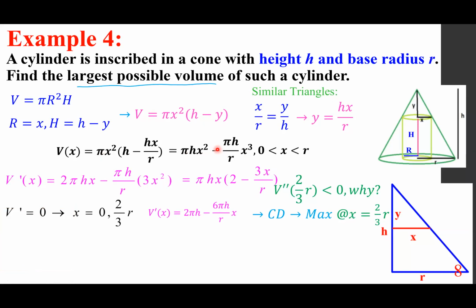So pi h x squared. I'm going to use this one, okay? And for this one, I'm going to factor out pi h x squared. I get 1 minus x over r. And I will replace the x with 2/3 r.